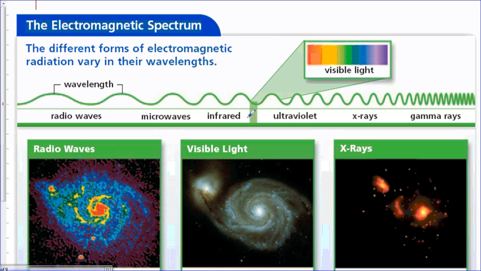You've heard of these, like the radio waves. We're talking about the same kind of waves that come out of the radio. So if you turn on the radio in your car, or your parents' car, those waves are moving at a very slow pattern, and we can hear them, we can't see them. That's why we use them for music and things like that. Microwaves, what we use to cook our food with, right?